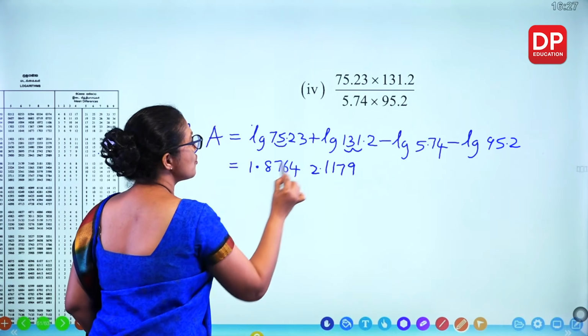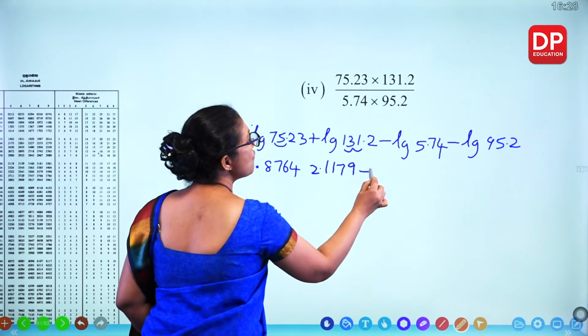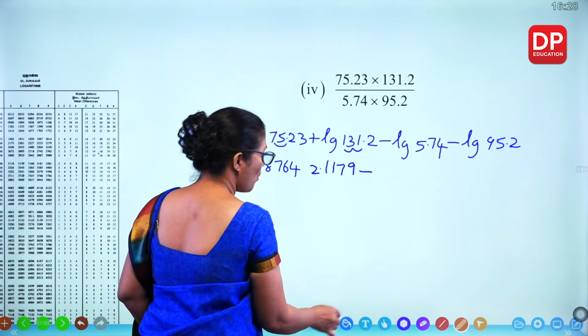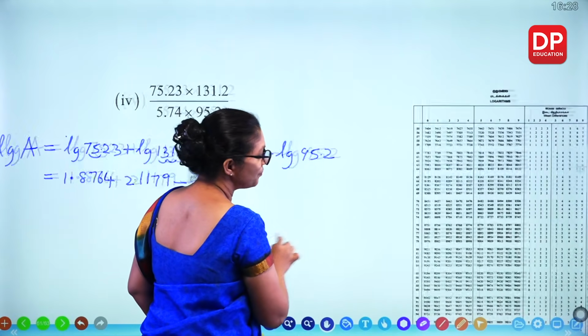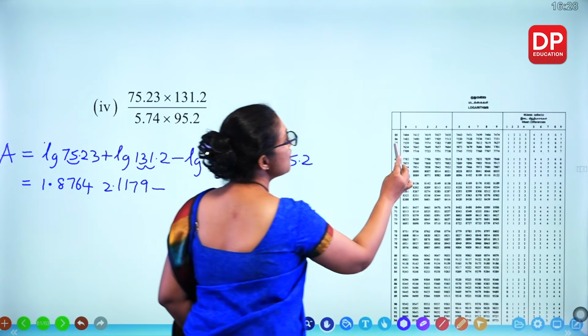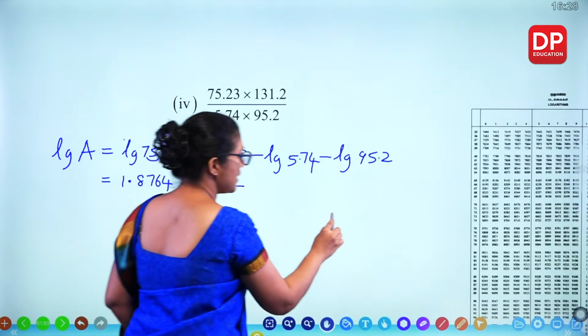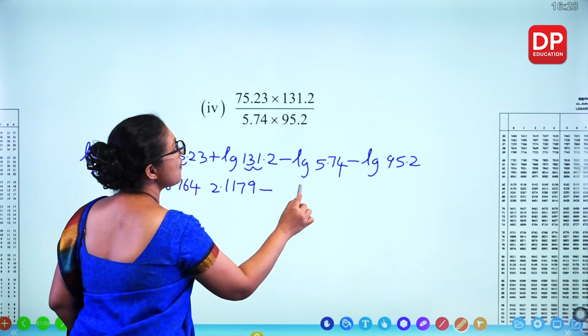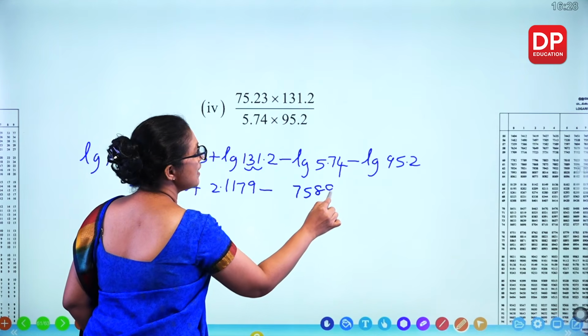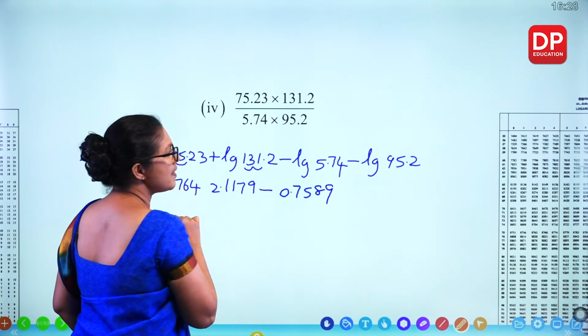Characteristic is 2. 51 57 4. 57 4 from this table. 57 4, 75 89, and characteristic is 0.